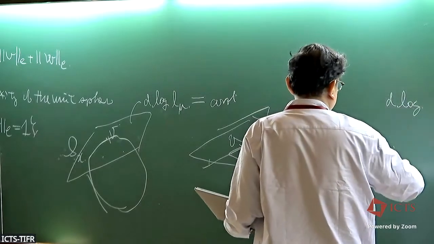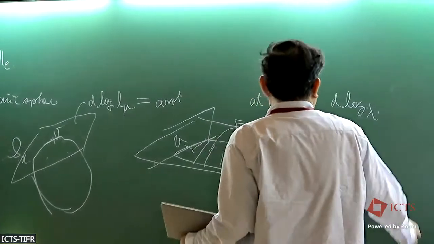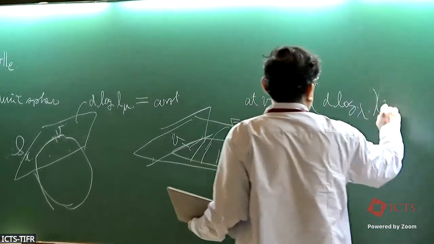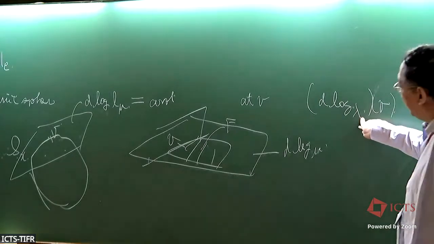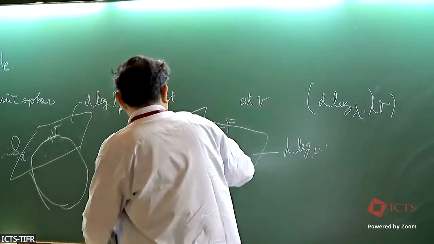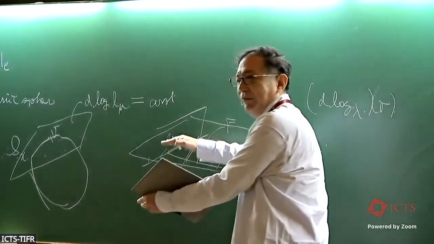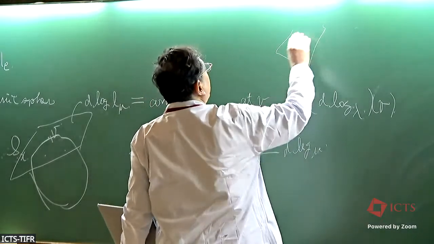At V, you consider the whole set of hypersurfaces. So probably you change this to lambda, and consider the value at V. If you vary lambda, for any other hypersurface which is not tangent at V, you imagine a picture like this.